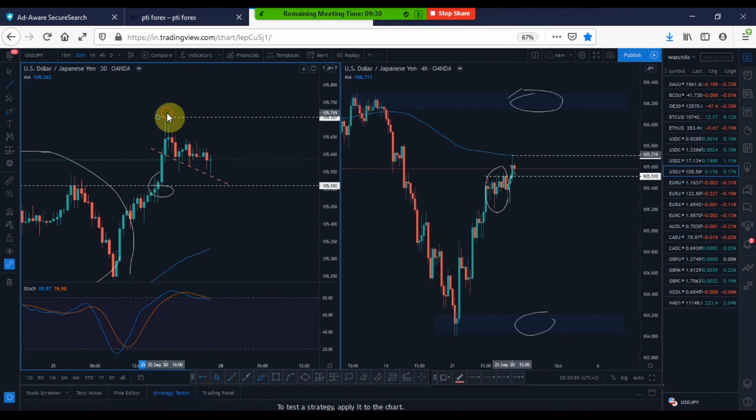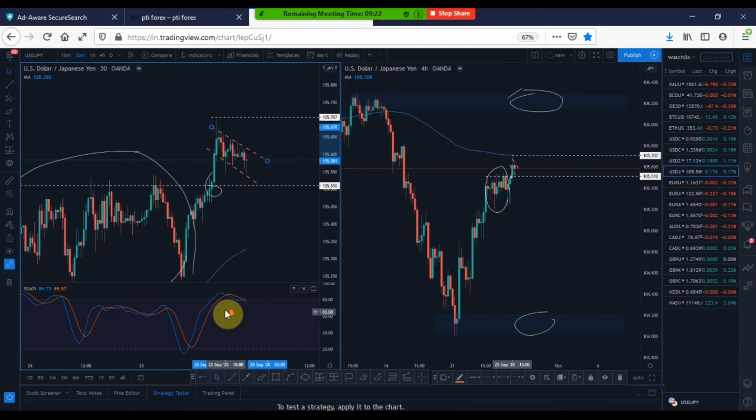What am I doing? Wait for the pattern break here, and then wait for your stochastic to show you that, okay, now I am going up, because you cannot buy while your stochastic is still up here. So rather wait for it to be close to this 30 level or this 20 level, so then you are going to be buying.